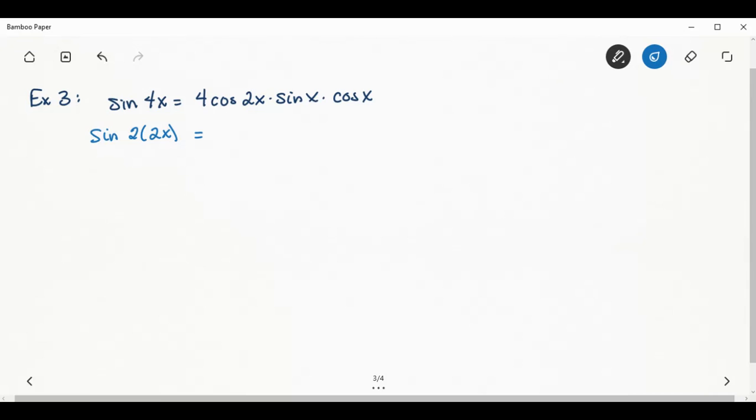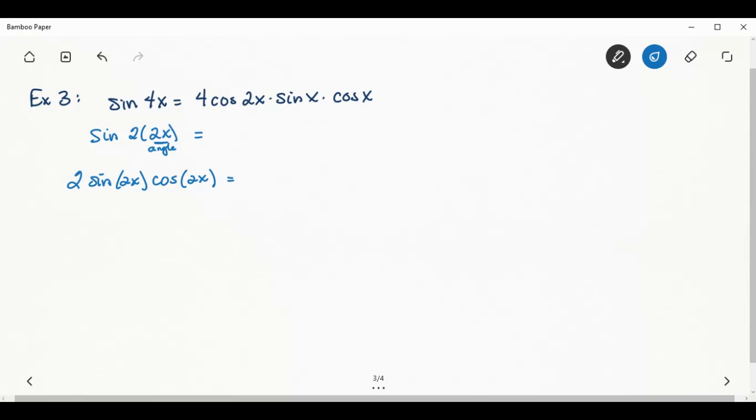So that means the sine of the double angle of 2x. This is now our angle, right? So this sine expansion is 2 sine of our angle, which is 2x, cosine of our angle, which is 2x.